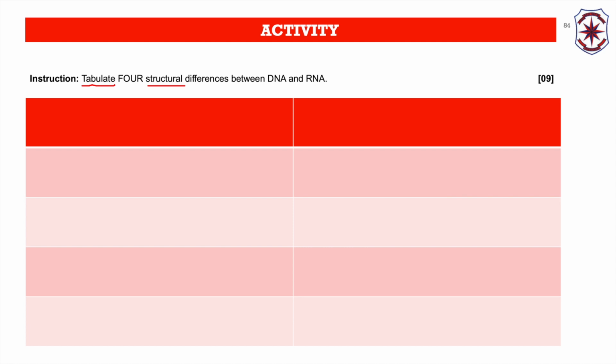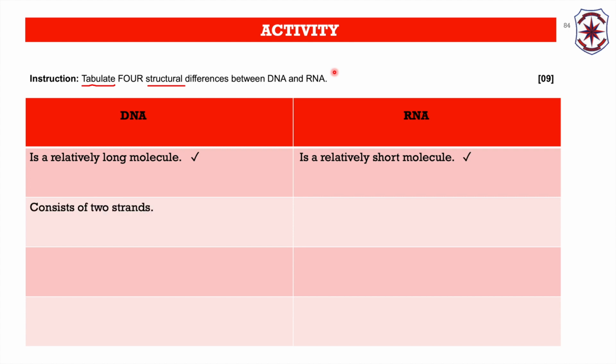Now, let's check the differences. So you draw your table. On one side you include DNA, and then on the other side you include RNA. DNA is a relatively long molecule for 1 mark, and RNA is a relatively short molecule for 1 mark. DNA consists of 2 strands, 1 mark, and RNA consists of only 1 strand, another mark.